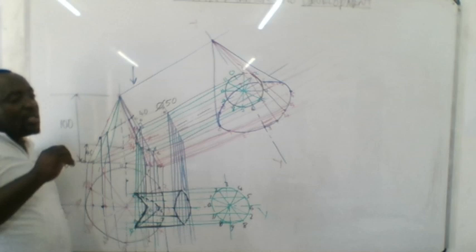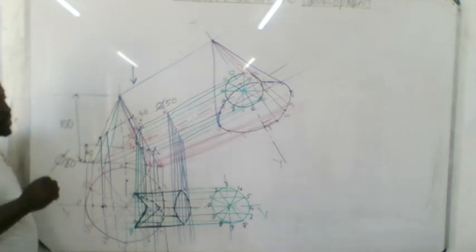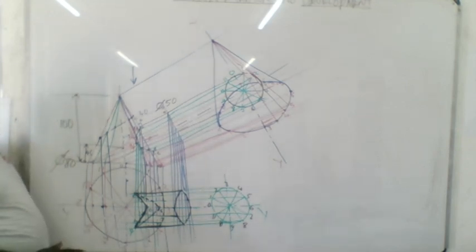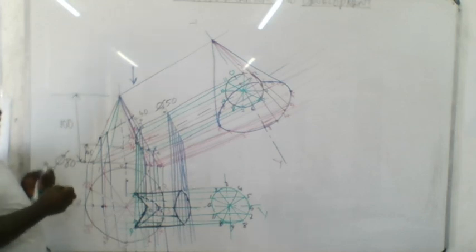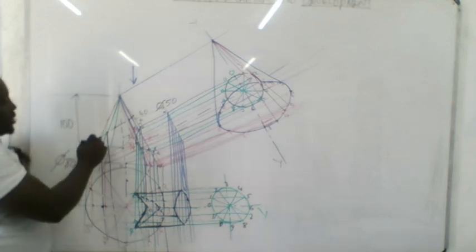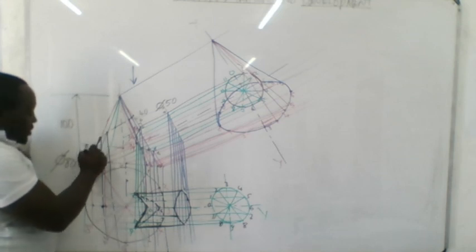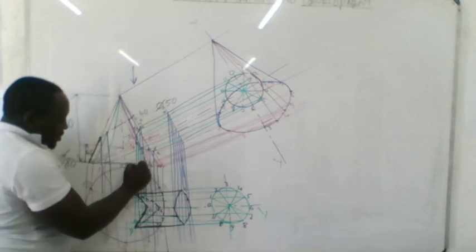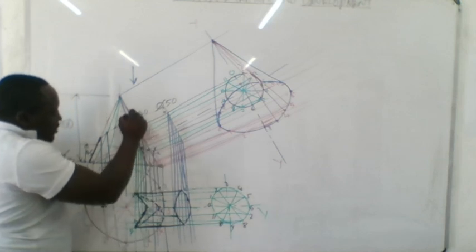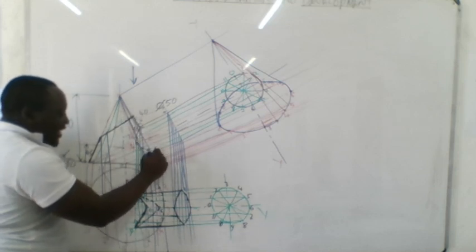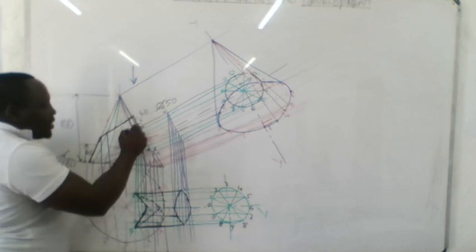Okay? Now, we have done the small cylinder. This is the actual cone that we need. It's called truncated. It's a truncated cone.